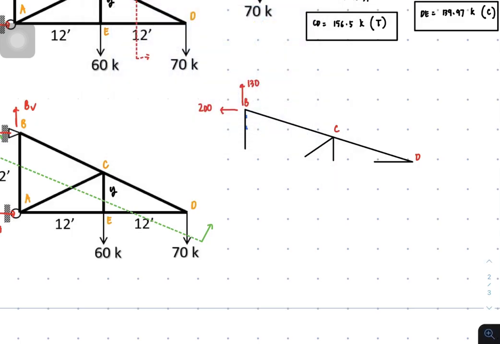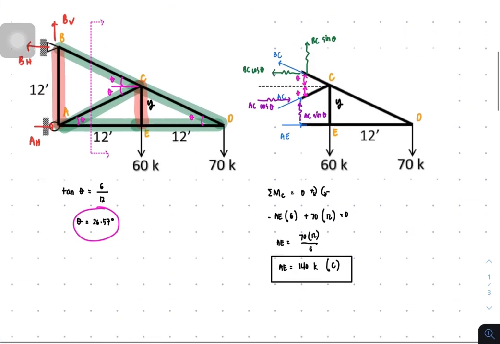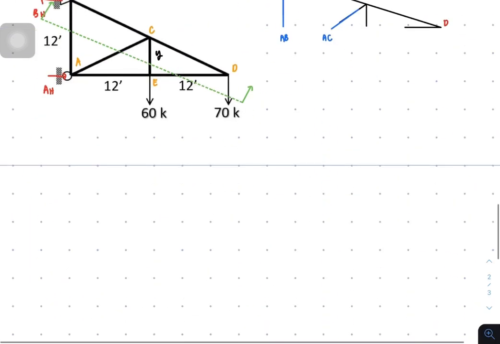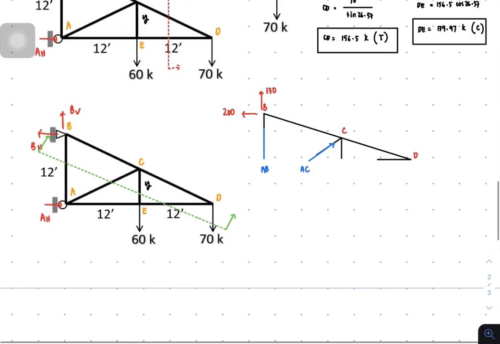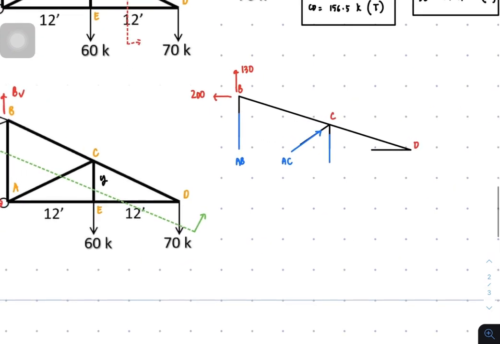This is member AB, and then this is member AC. Do we have AC already? Yes, we have AC, and our AC is compression. Then this is member CD, no, CE.